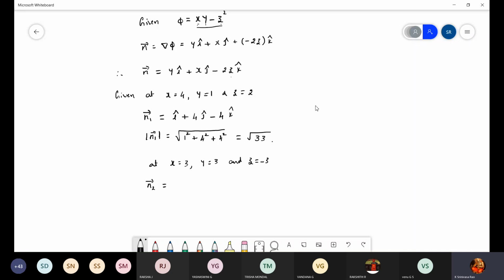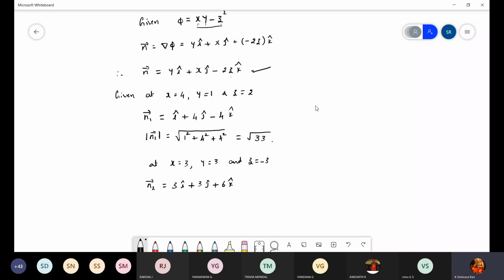This is the main normal vector. So y, that is 3i cap, plus x, 3j cap, and minus 2 times minus 3, minus gives plus, 2 times 3 is 6k cap.